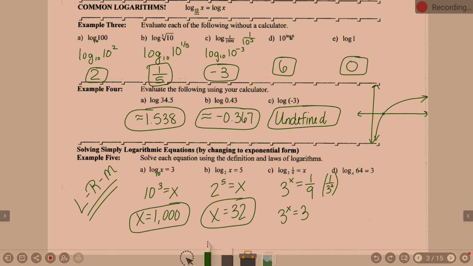So 3 to the x is equal to 3 to what power? When I take it out of the denominator, it's going to be -2. So if 3 to the x equals 3 to the -2, x is -2.